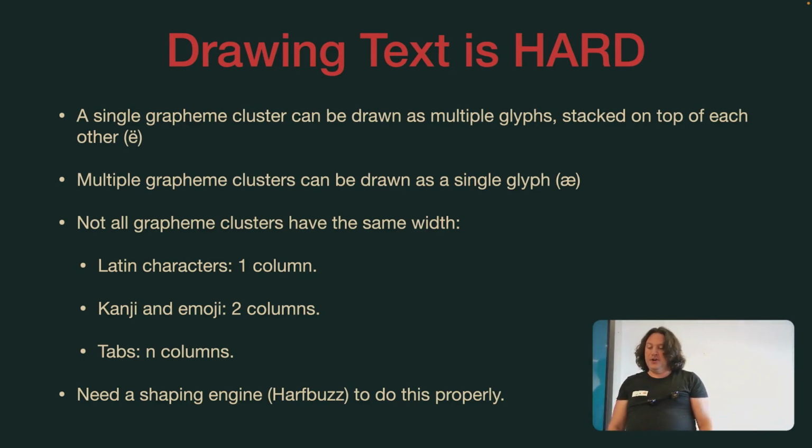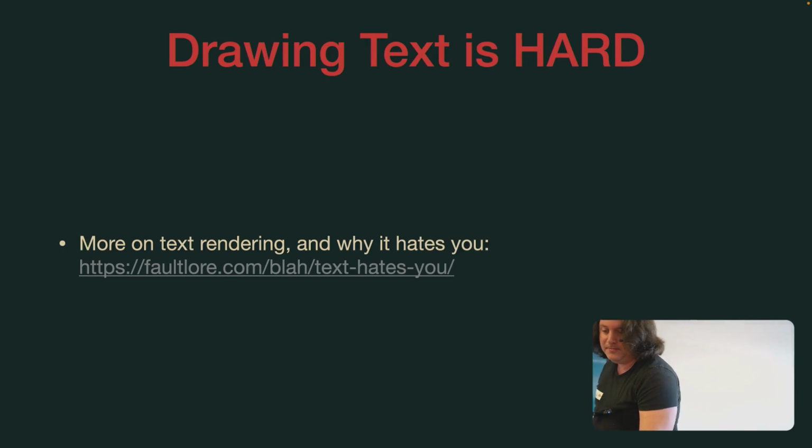And on top of all that, not all grapheme clusters have the same width. Latin characters are usually 1 column wide, but things like kanji and emoji can be 2 columns wide. Tabs can be as many columns as you want. To do all this properly, you would need to use a shaping engine like HarfBuzz, which is not what I did. Instead, I tried to do something simpler.